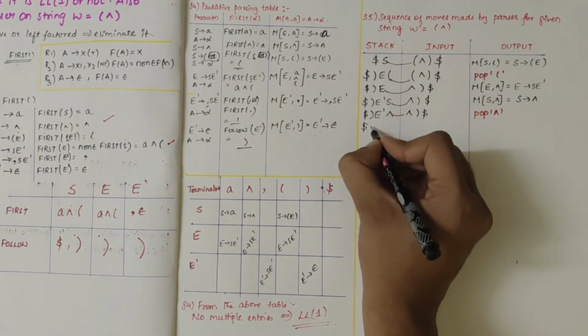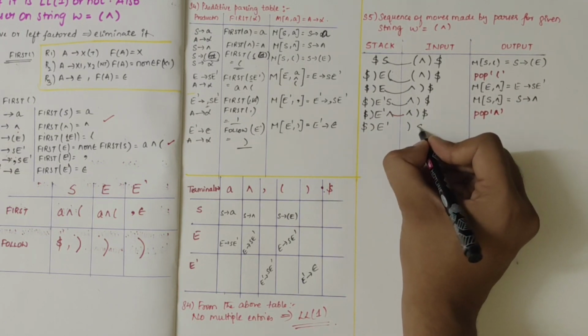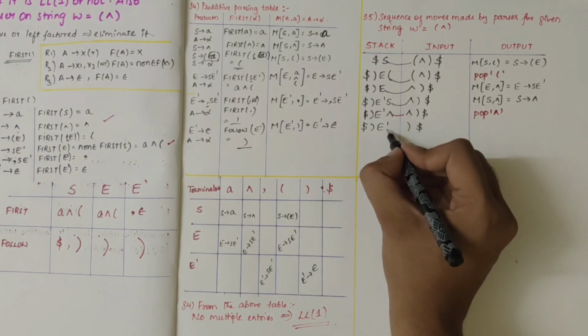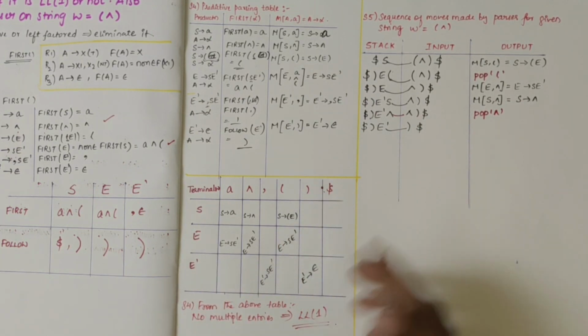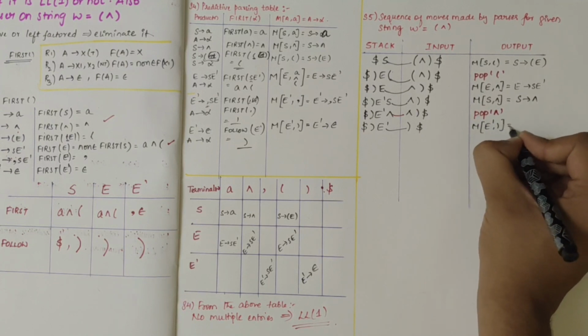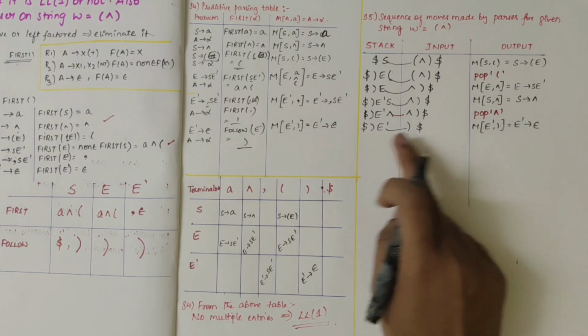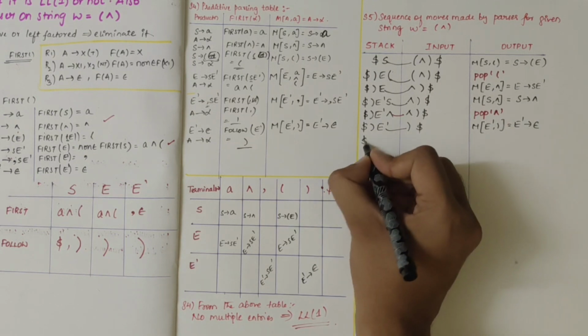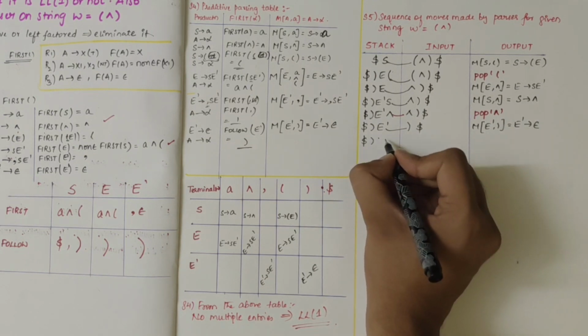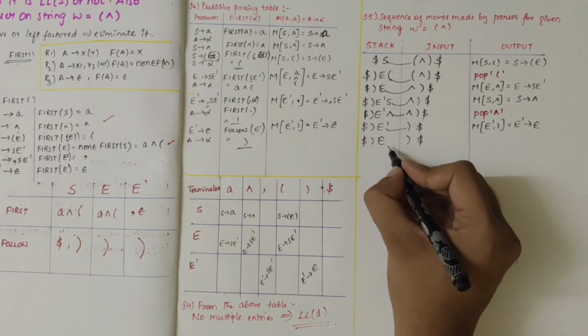Now you are left with close bracket and E' here, and here you have close bracket and dollar. So E' on close bracket, you get M of E' on close bracket, you get E' derives epsilon. So in the place of E' write epsilon.